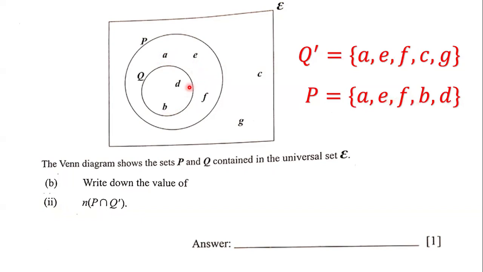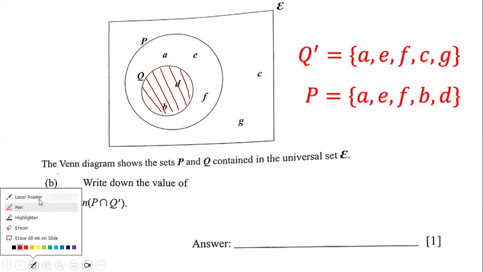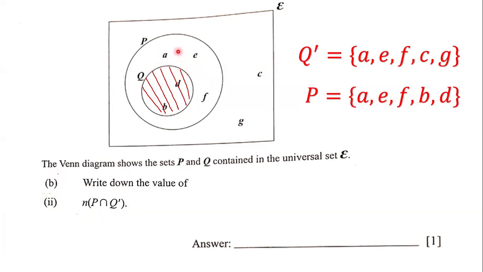Well, Q complement means that we do not include any of the elements that are in set Q. And so that means that what we have for Q complement is A, E, F, C, and G.